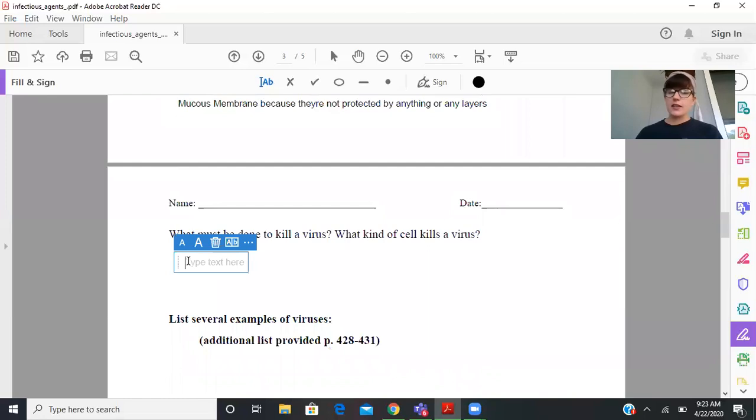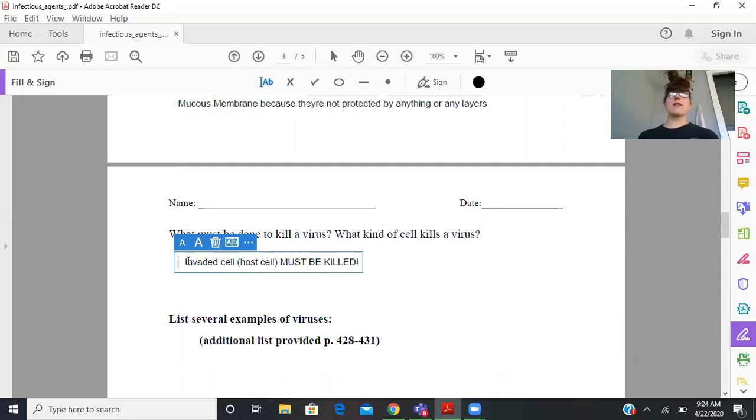And what must be done to kill a virus? The invaded cell or the host cell must be killed. So the idea is the cell that was taken over by the virus has to be killed in order for the virus to be killed.